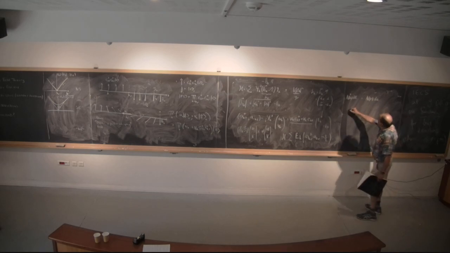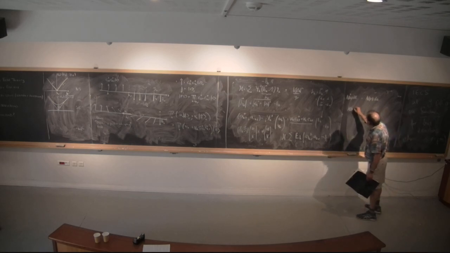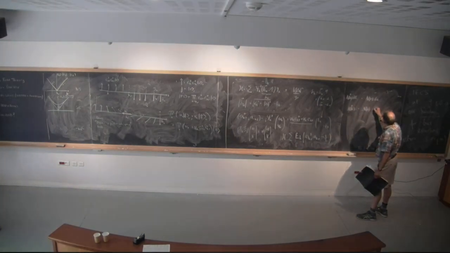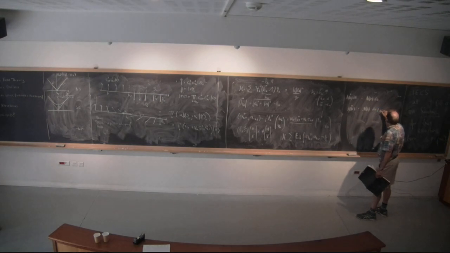And so that means that the density of states of these quasiparticles is the density of states of the original electrons times dε/dE.